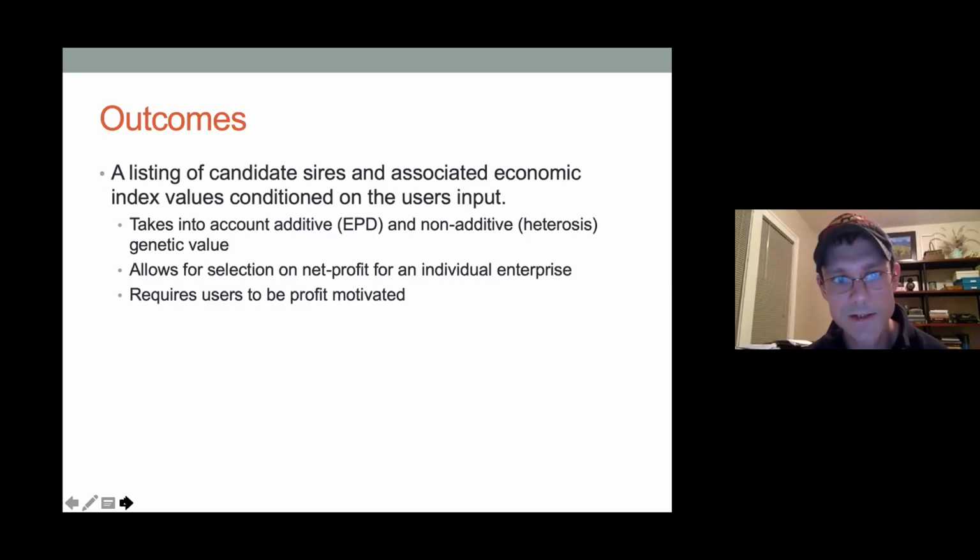But what it does is it allows producers then to rank bulls based on how the bull best meets their objectives, and as a consequence, see the differences in net profit between bulls for their operation. I put down here, a bit tongue-in-cheek, it requires users to be profit motivated, and it most certainly does.